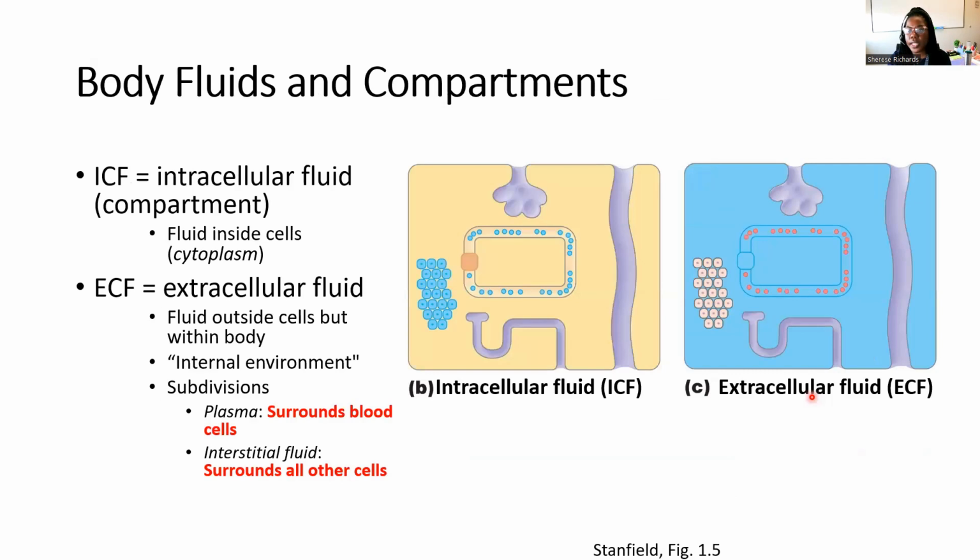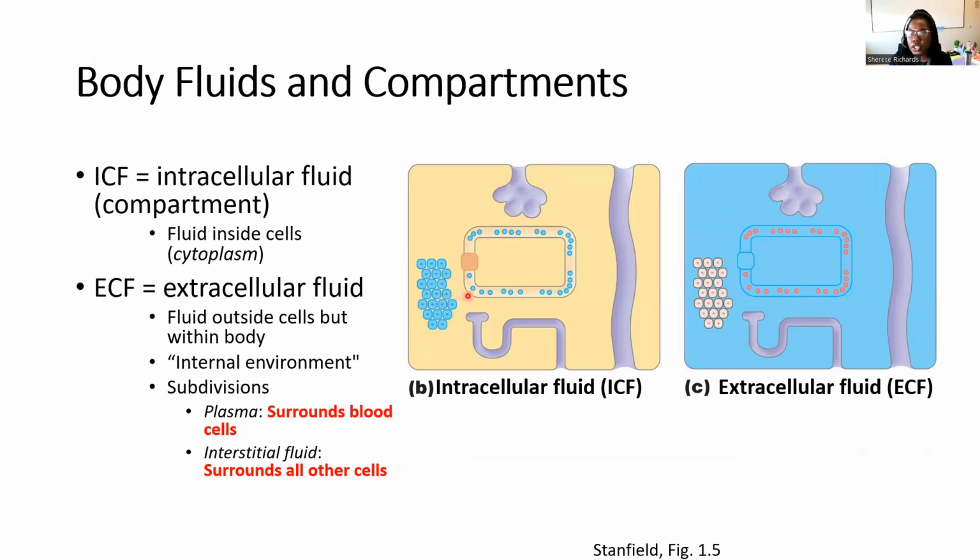Okay. Now we can further divide that into intracellular fluid versus extracellular fluid. Thinking back to our schematic here, these are the cells that make up our organs and tissues, bone and muscle, etc. And inside those cells, there is water present as well.